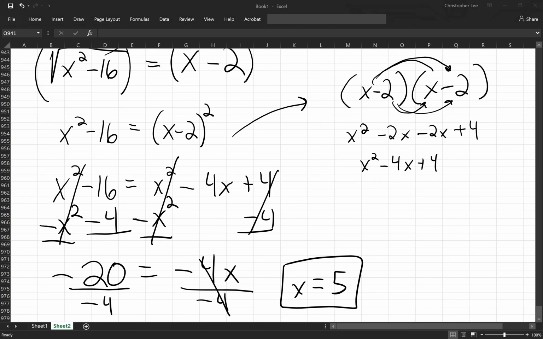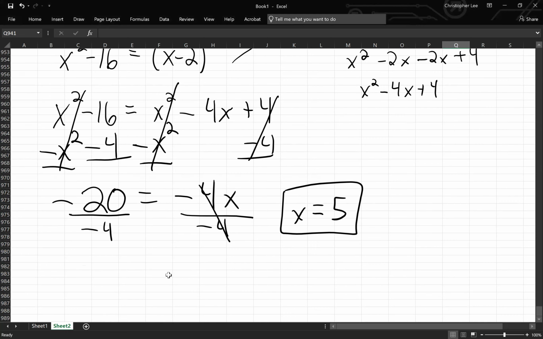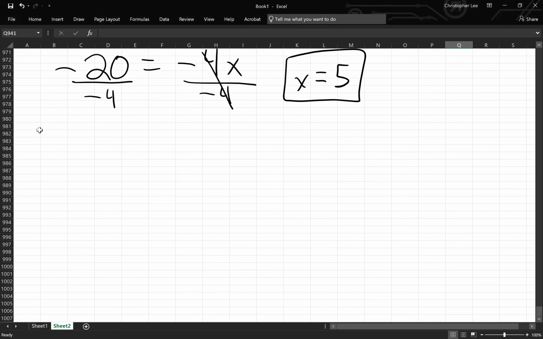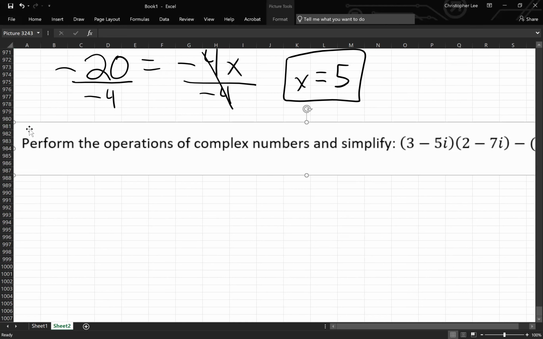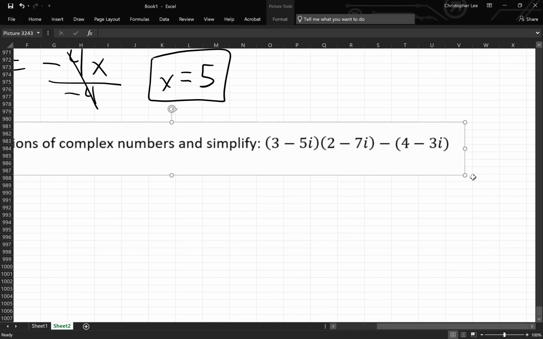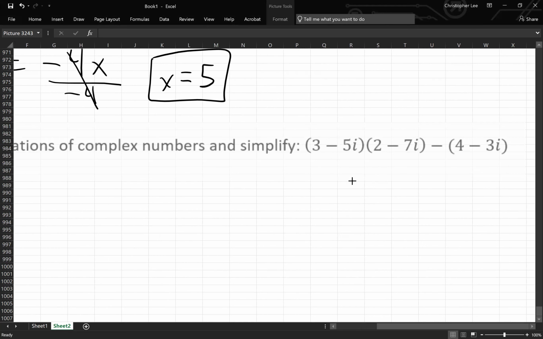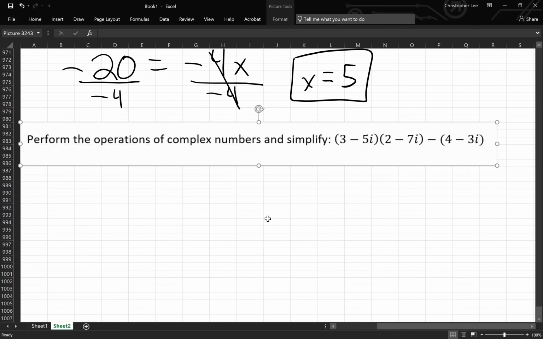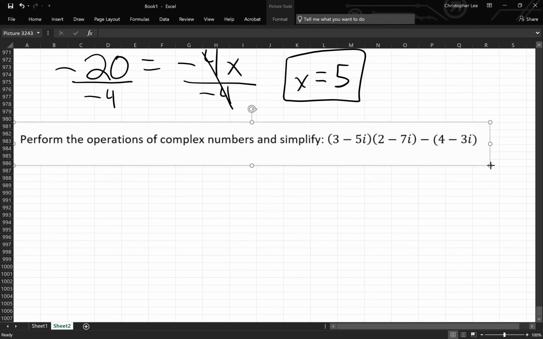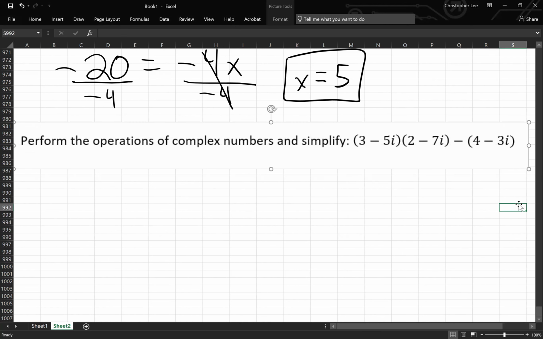Not gonna lie, this next question right here is really hard too. This one involves complex numbers. Here we go.